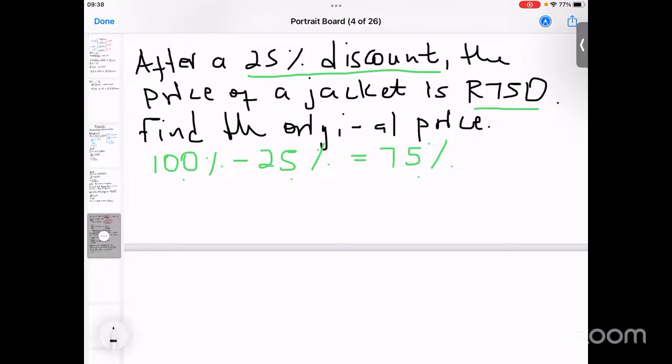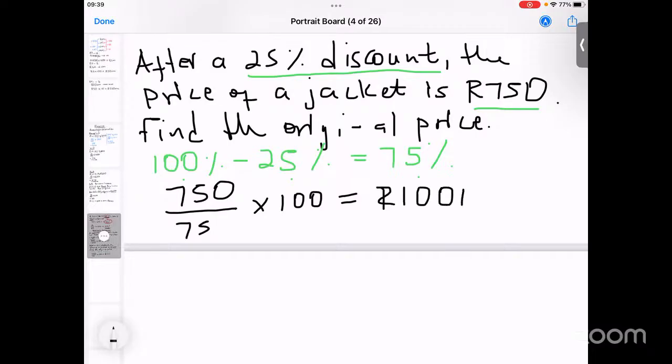You just take that money of 750, you divide it by that 75%, and then you multiply it by 100. And then the answer that you get becomes 1,000. So that means the original price was 1,000.